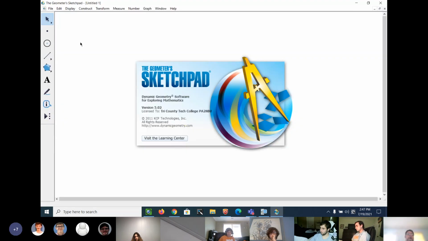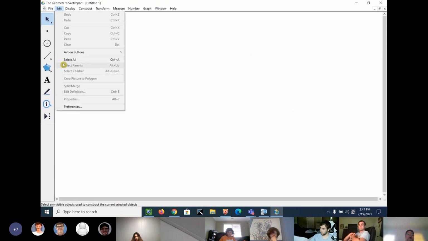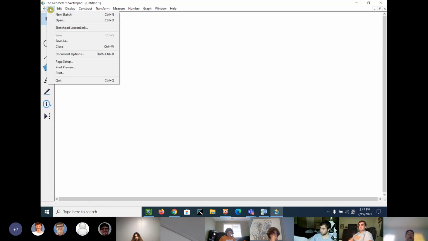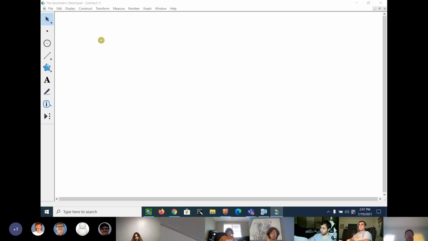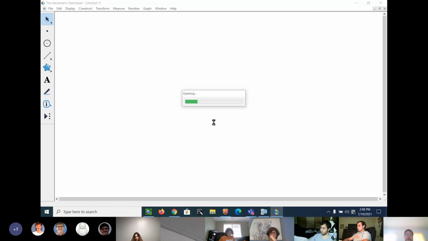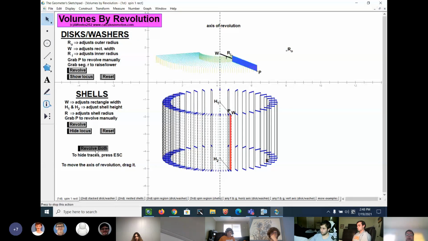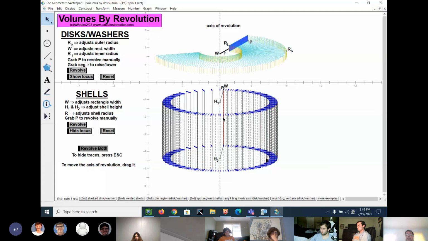And the difference between a disc and a washer and a shell. This right here is a shell. Okay? That is a shell on the bottom.